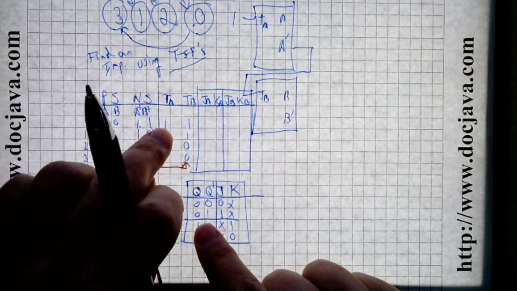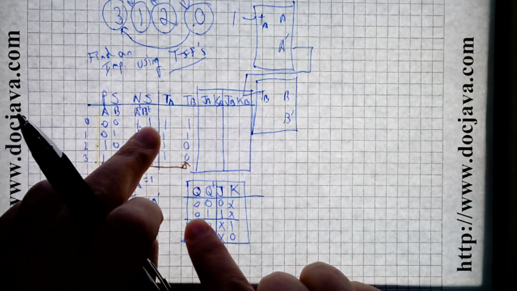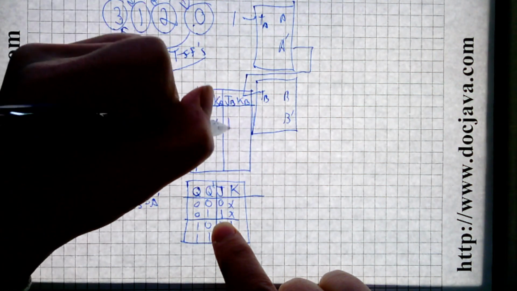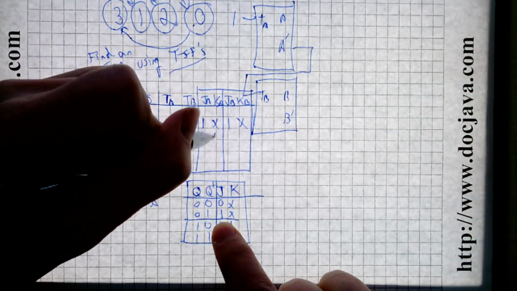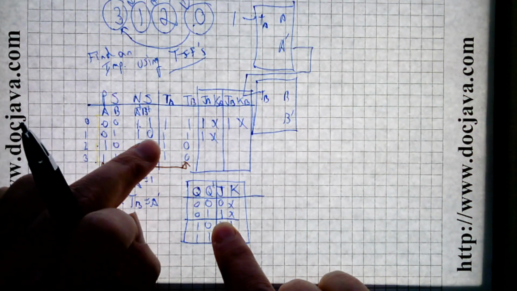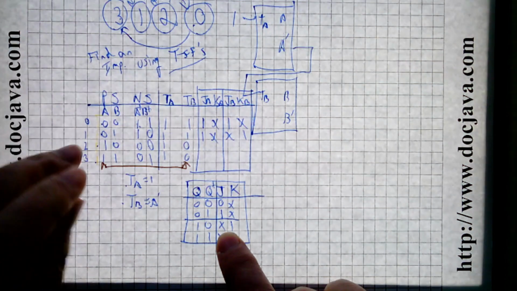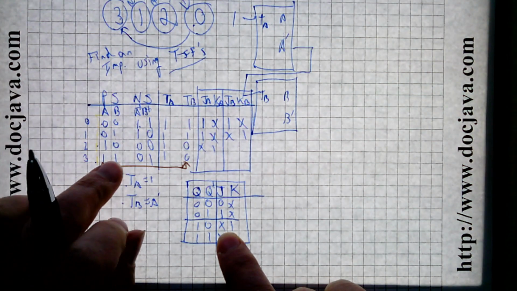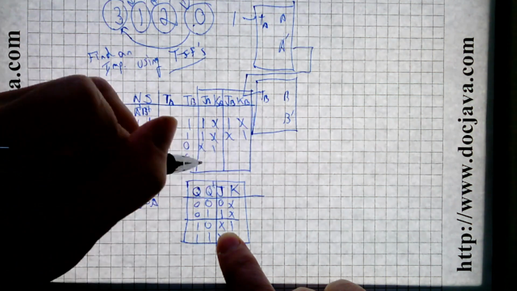We've gone from 0 to 1. Oops, 0 to 1 and 0 to 1. So going from 0 to 1 means 1x. Zero to 1, 1x. 1 to 0, that's x1. 1 to 0, x1.